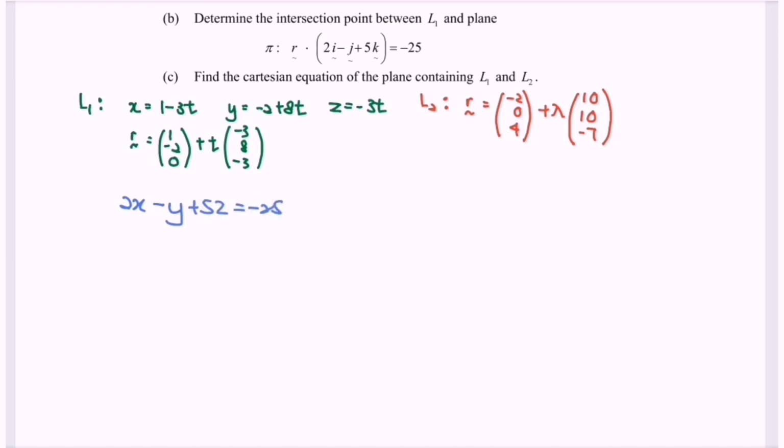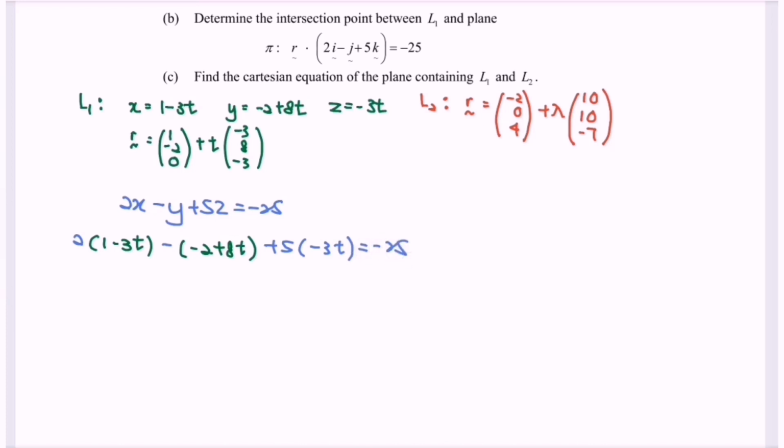So kindly substitute: 2 times (1 minus 3t) minus (negative 2 plus 8t) plus 5 times (negative 3t) equals negative 25.